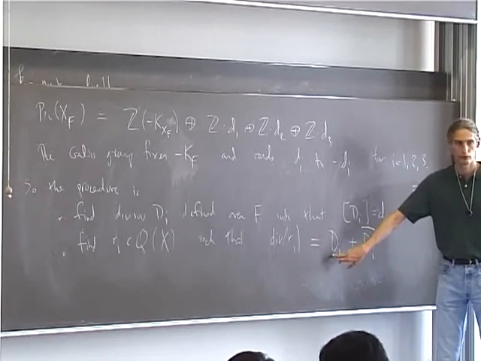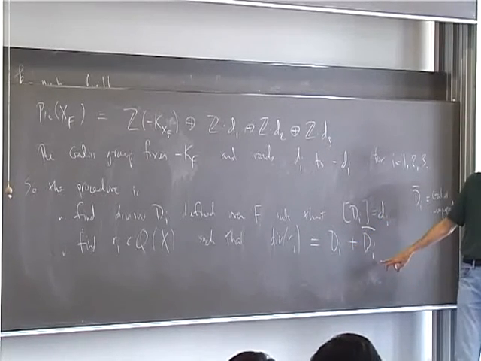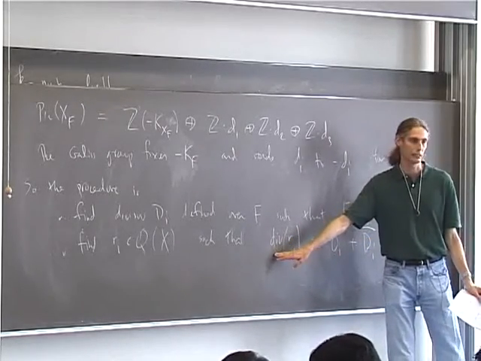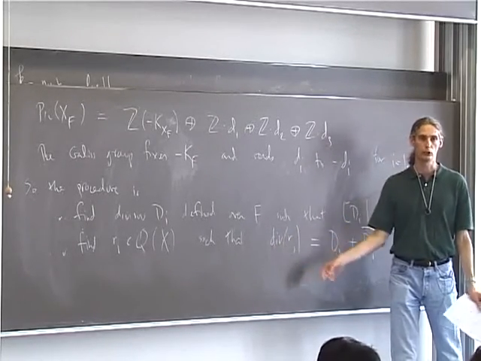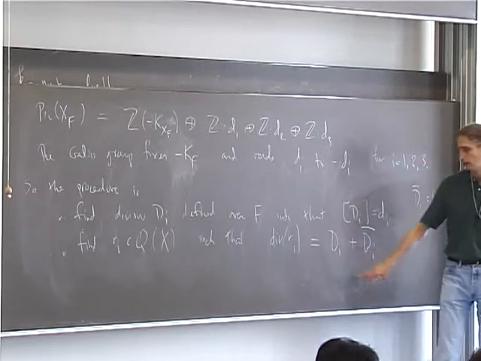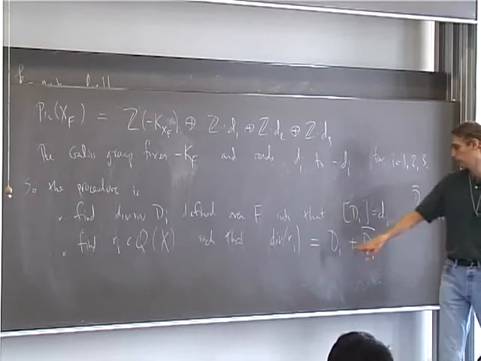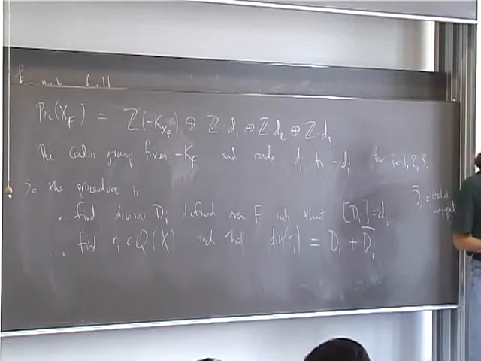So this has class little d_i, this has class minus little d_i. As is always the case for the divisor associated to a rational function, it's something whose class in the Picard group is 0, but we want it to be this divisor.